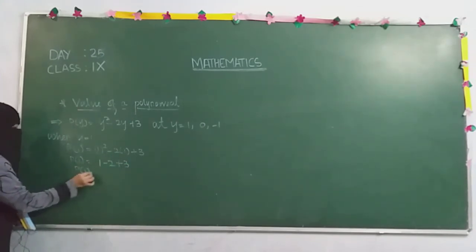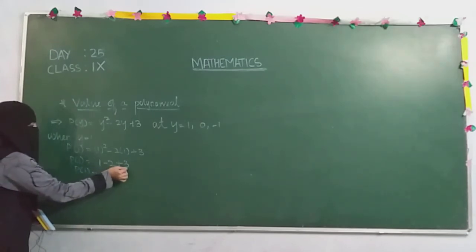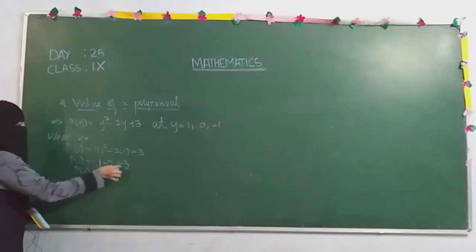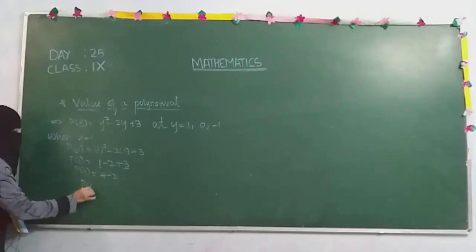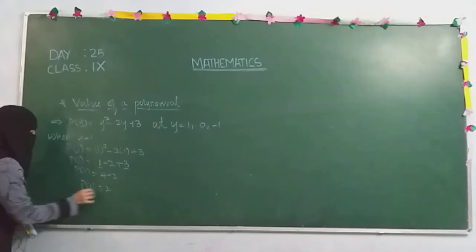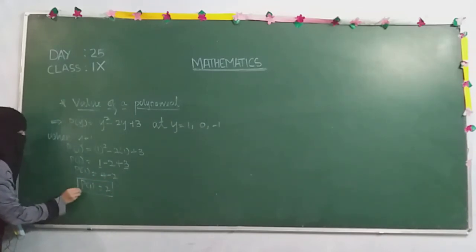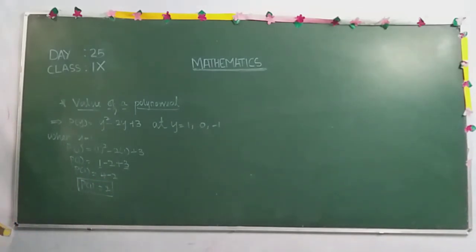Now this is 3, this is 1. 3 plus 1 is 4, minus 2. P of 1 equals 2. This is the value of P of 1. This is the way of finding the values of a polynomial.